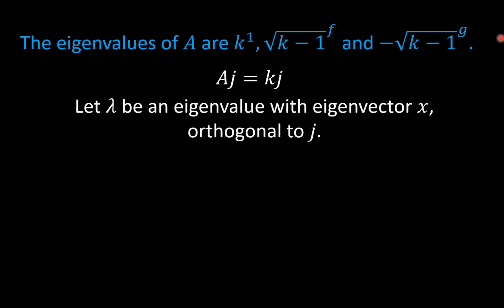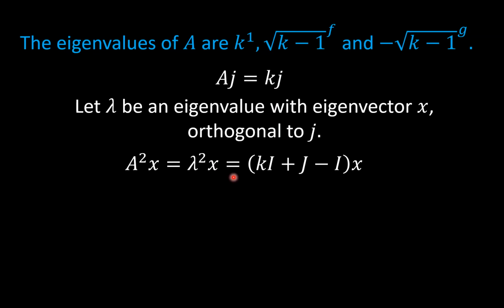So now, if we have any other eigenvalue, let's call it lambda, with corresponding eigenvector x, this eigenvector x is orthogonal to j. Okay. So now, we can write it out: A squared times x is equal to lambda squared x, because lambda is an eigenvalue of A and x is the eigenvector.